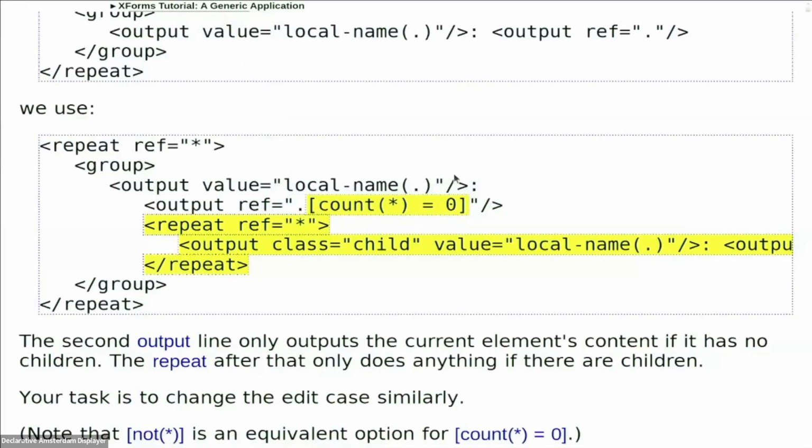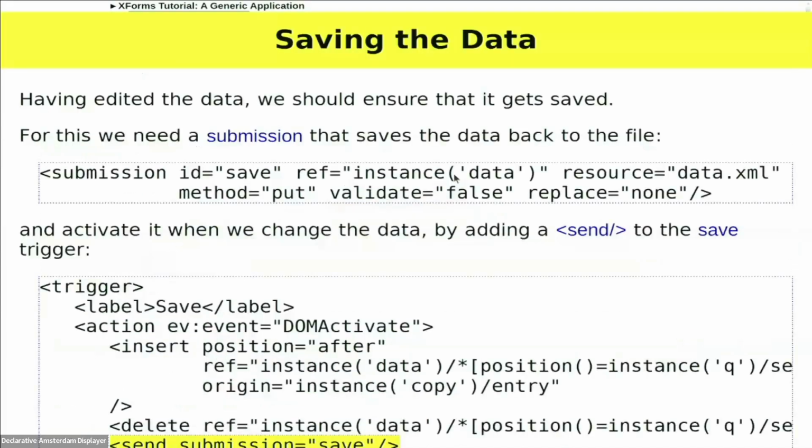Okay, so the next bit is that having edited the data, we now want to save it, because there's no point in just having it in the program if we don't save it. So for that, we need a submission, and the submission says the thing that we want to save is the instance called data.